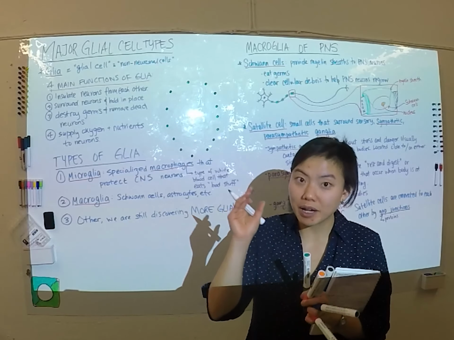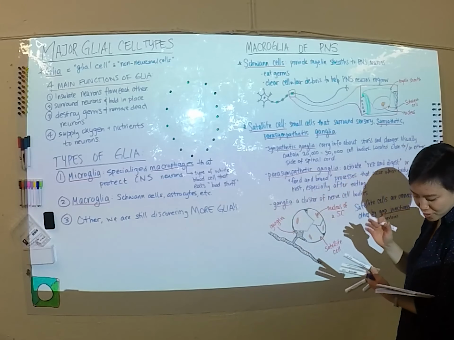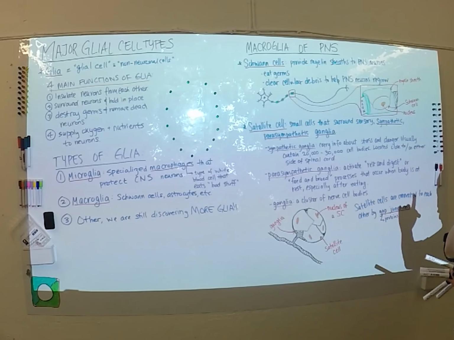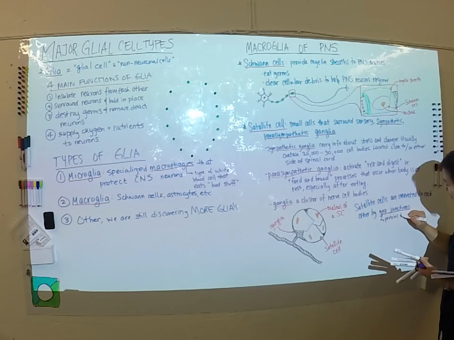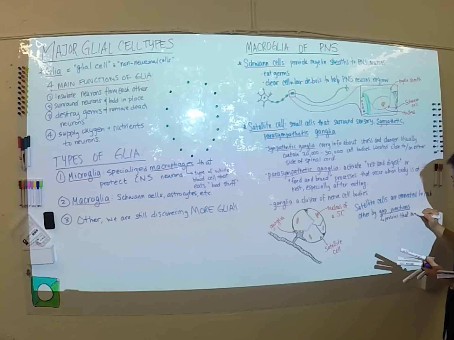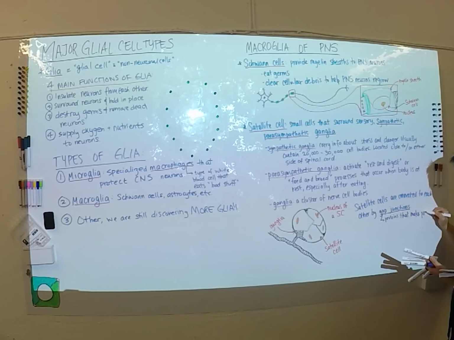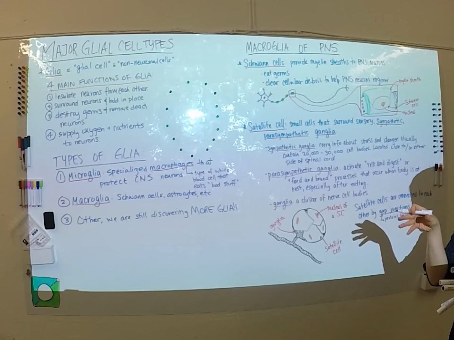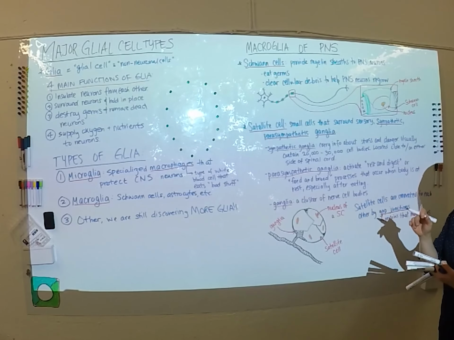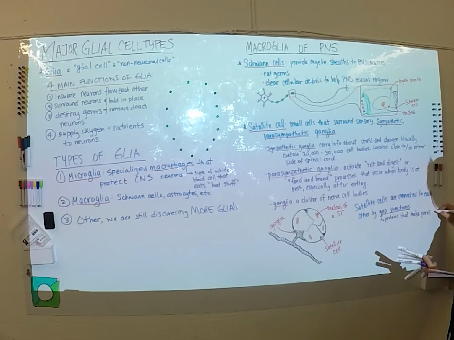Those holes are created by proteins, okay? So, gap junctions are also proteins that make pores. And pores is another word for a hole or a tunnel.